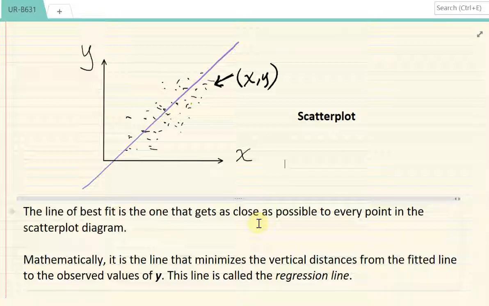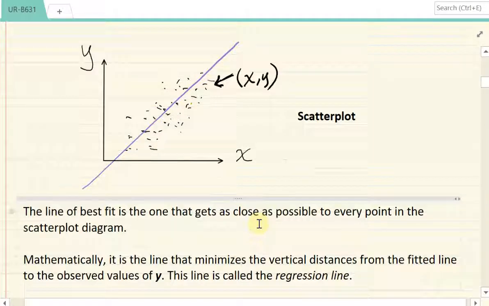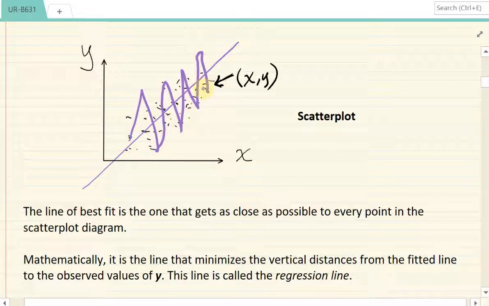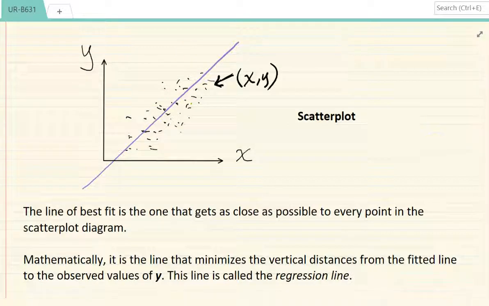This is more of a hunch and a common sense model for the regression. We would like to have a line that gets as close as possible to every point in the scatter diagram. One thing we cannot do is draw zigzag lines like this going through the data points. We want just a single line, so we don't want multiple lines. Okay.